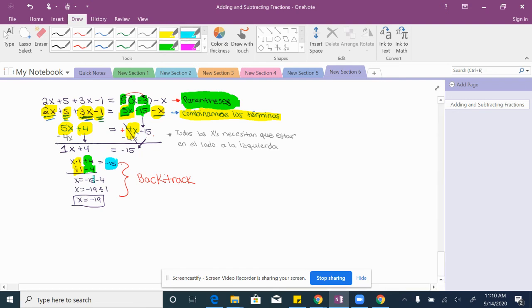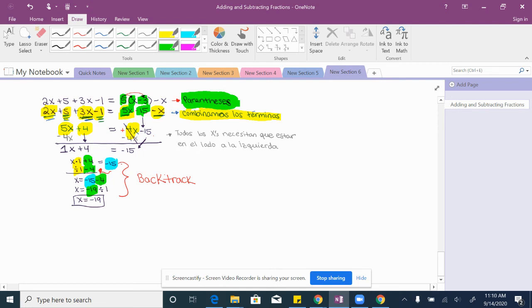And then we start with the result and now we backtrack. So we do minus 4 first. Negative 15 minus 4 is negative 19.